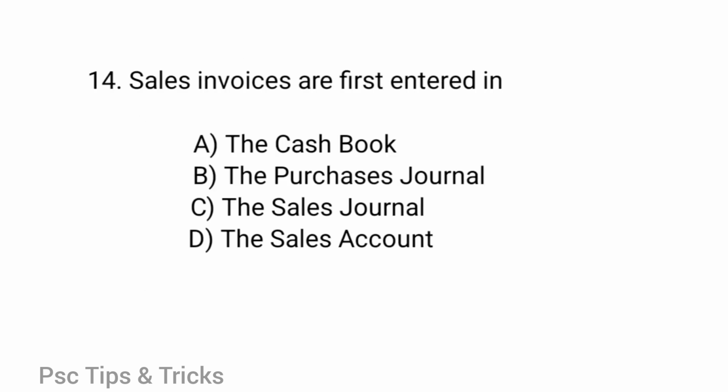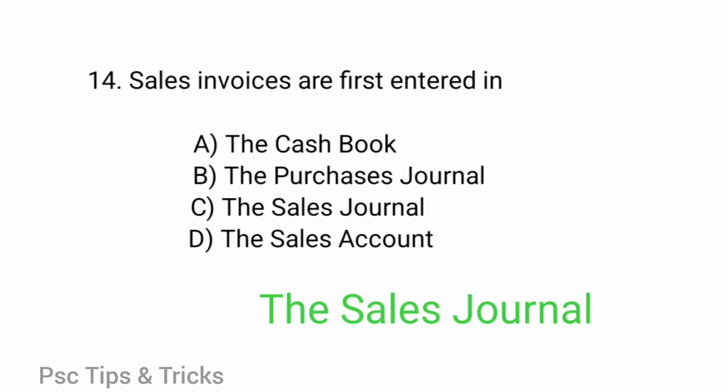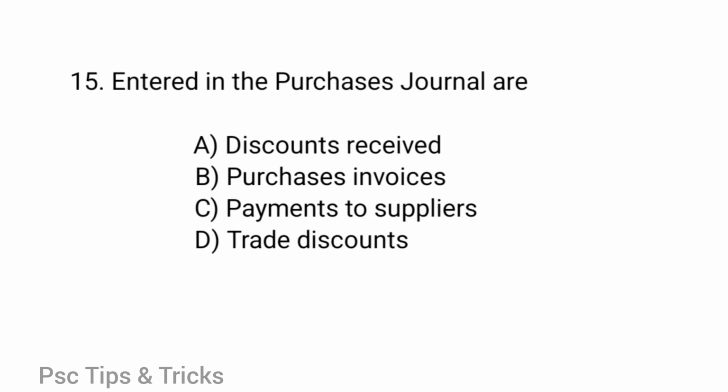Sales invoices are first entered in the cash book, the purchases journal, the sales journal, the sales account. The sales journal. Entered in the purchase journal are discount received, purchases invoices, payments to suppliers, trade discounts.